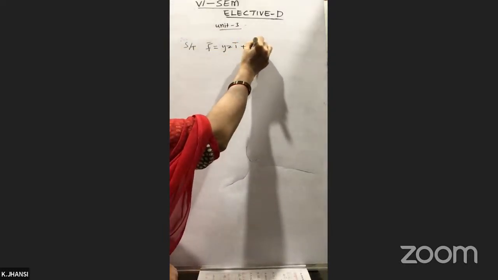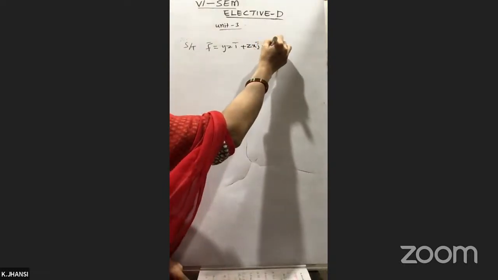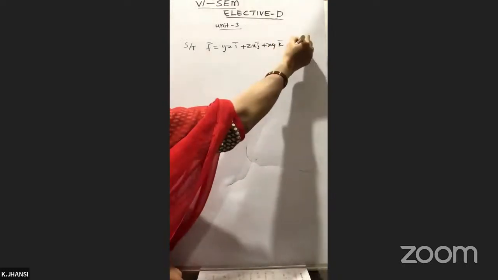Show that f is equal to yz i plus zx j plus xy k is solenoidal.